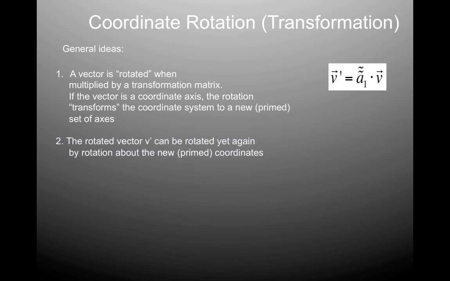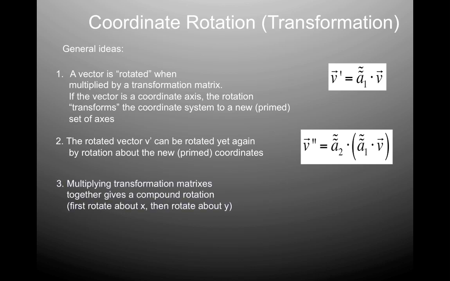Now the V-prime vector can be rotated yet again about its new coordinates, and here is a new transformation matrix A2 multiplying the primed V, giving us a double-primed V. So you'll notice that double-primed V is related to the original V by two matrix multiplications, first rotating about the x-axis and then rotating about another axis.